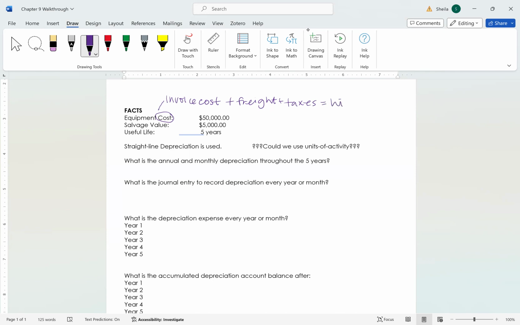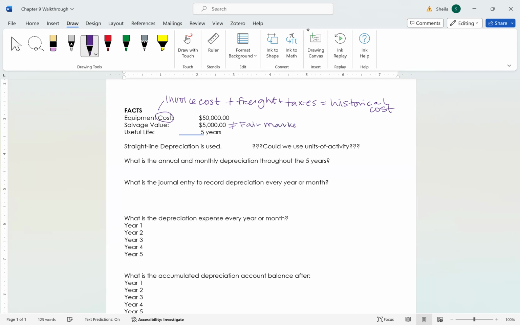And this follows a concept called historical cost. And that's what we want to stay on the balance sheet for the entirety of the time that we own it. Now, the other component we're going to have to keep in mind is the salvage value. Just keep in mind, this doesn't necessarily equal fair market value.